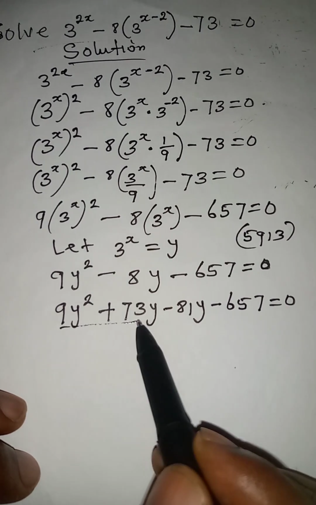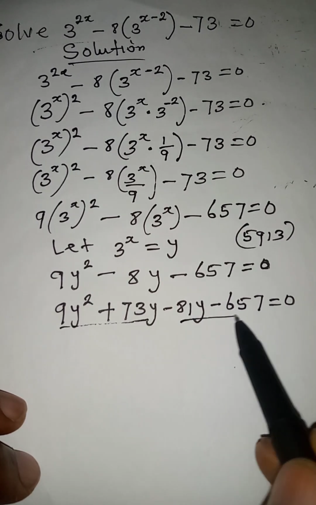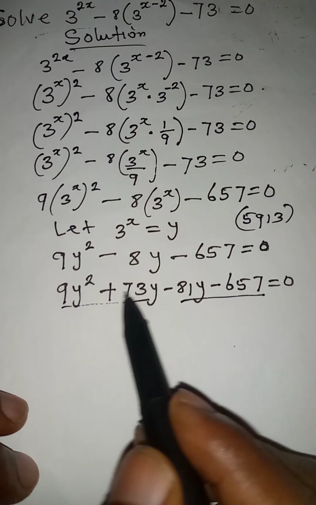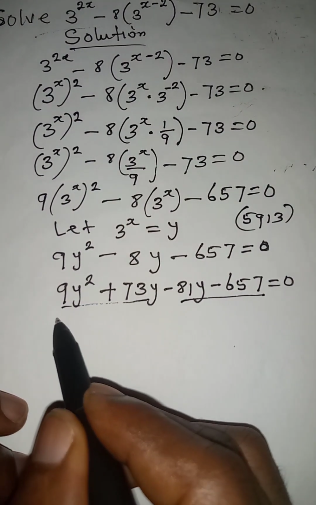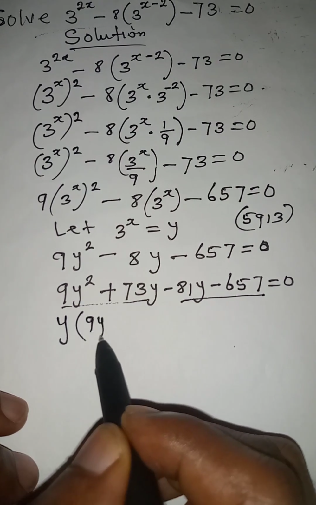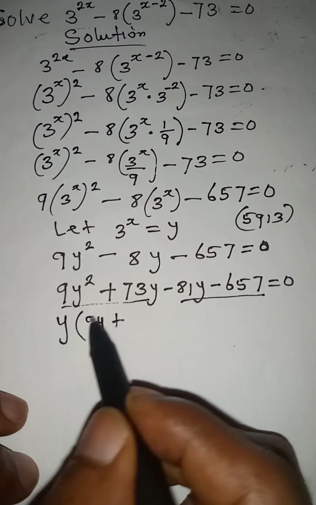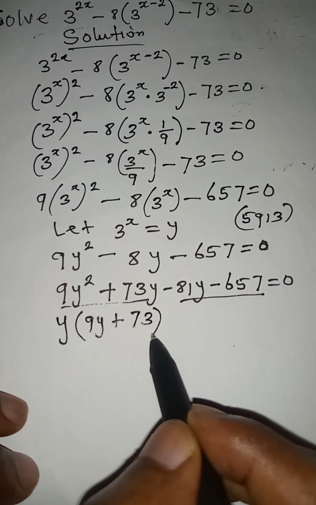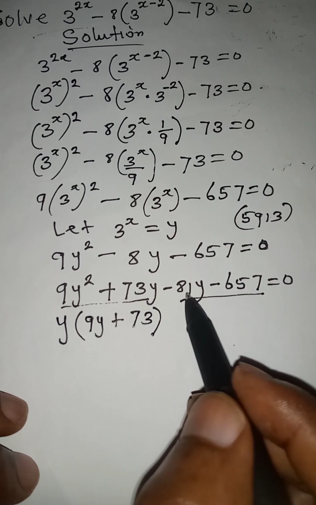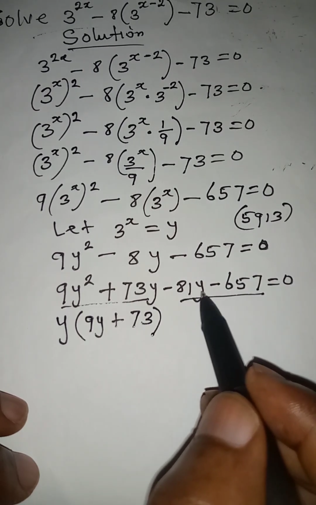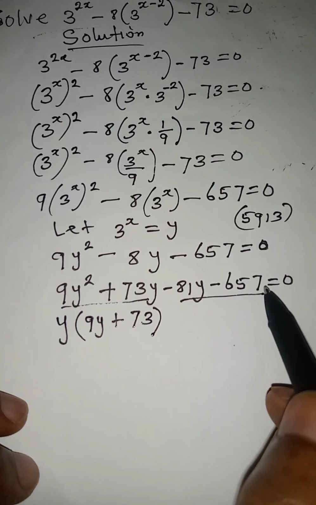So I will group this way and factorize, and group this and factorize. What is common to these two is actually y. So if y comes out, in here I'll have 9y plus 73, then I'll close the bracket. Then minus 81y minus 657.